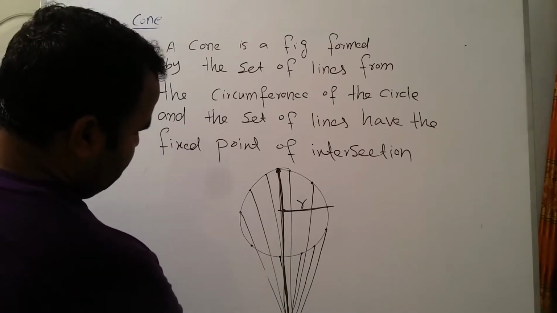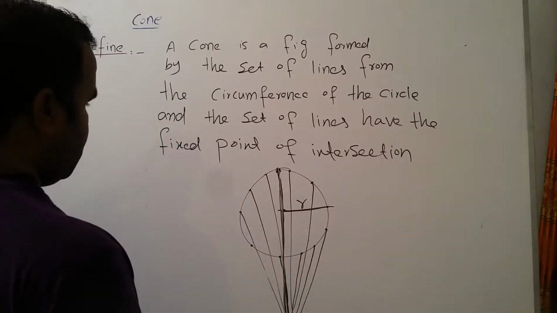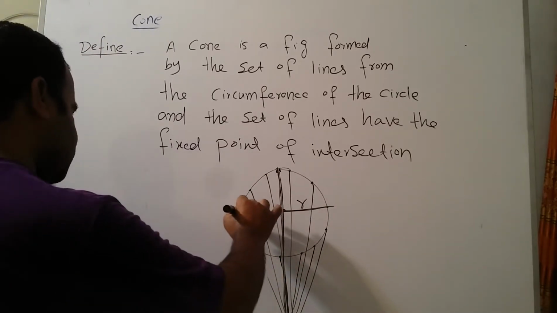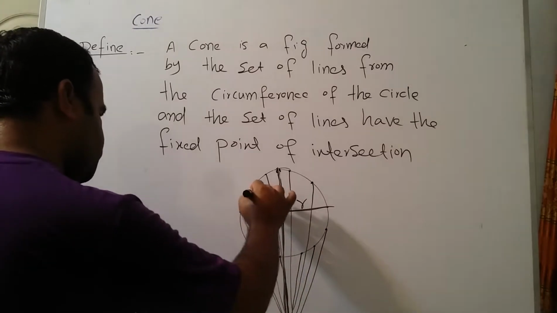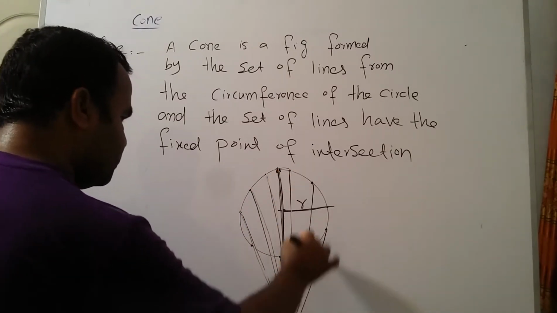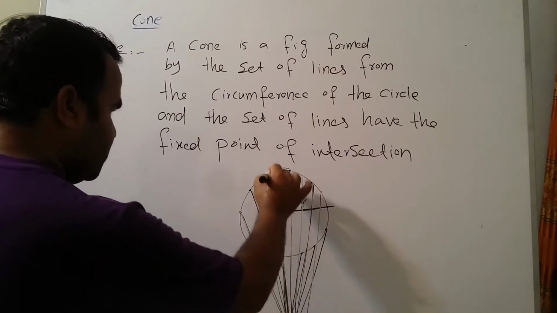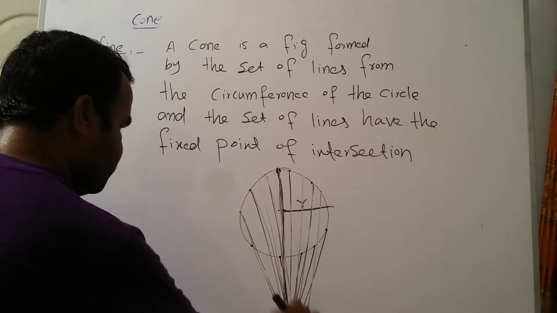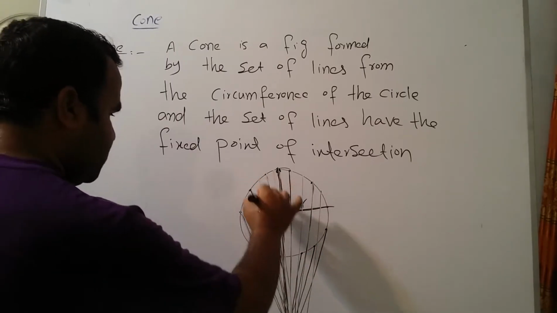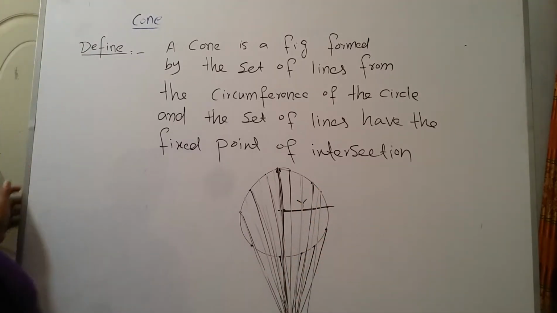Now this is the vertex of the cone, this is the axis of the cone. All these lines due to which the cone is formed are called generators of the cone.